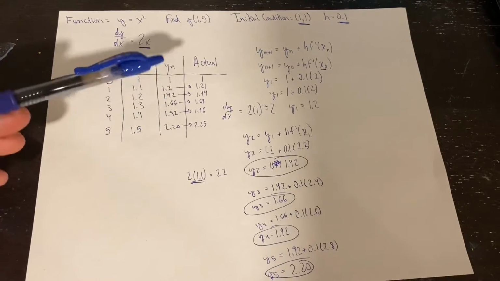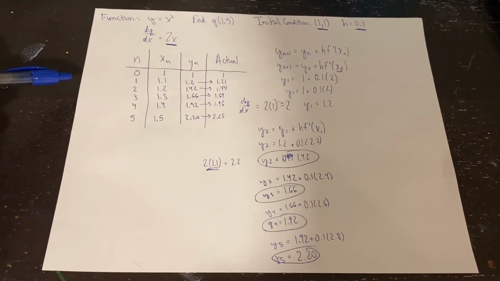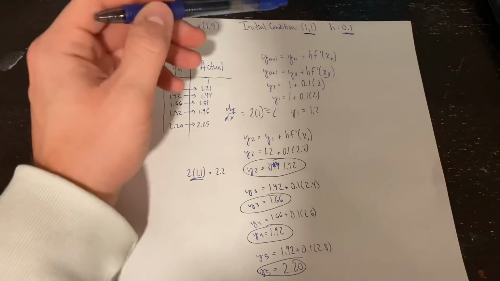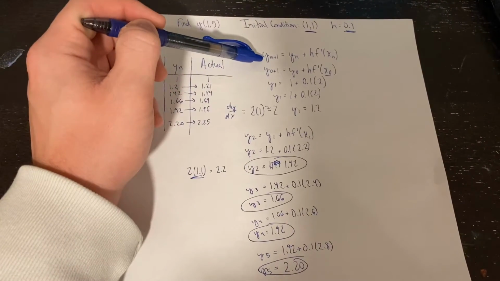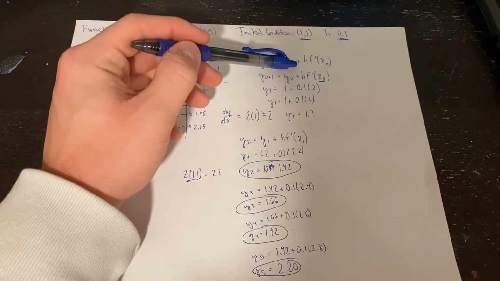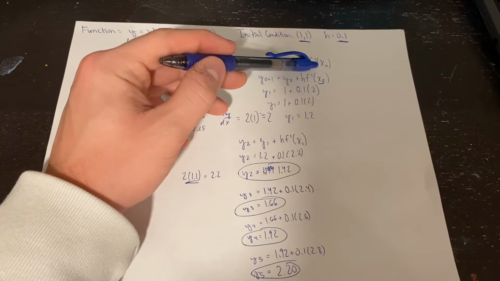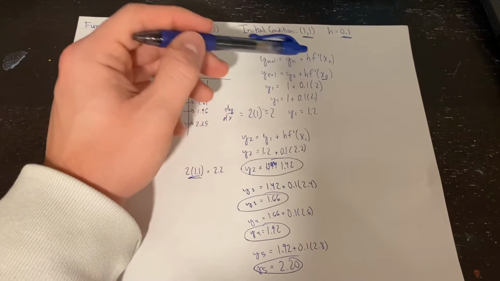Now we have to find the y sub n. That is where the Euler's method equation comes in. The Euler's method equation states that y sub n plus 1 equals y sub n plus the step size h times the derivative of the function at x sub n.